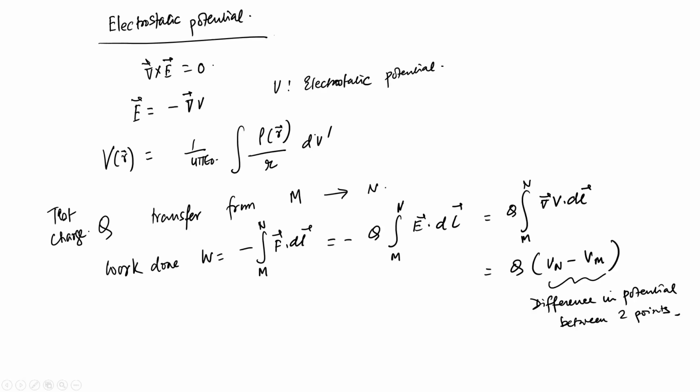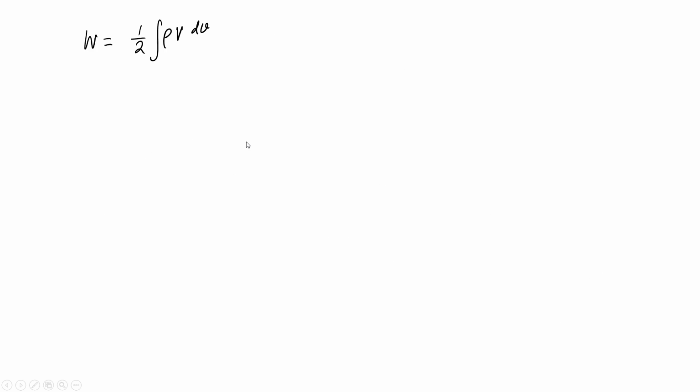So, this is equal to half the integral of rho times V dv, where V is the potential. Actually, let me make this volume element a little curly v, so that capital V, which is the potential, and small v are sufficiently different. Okay.